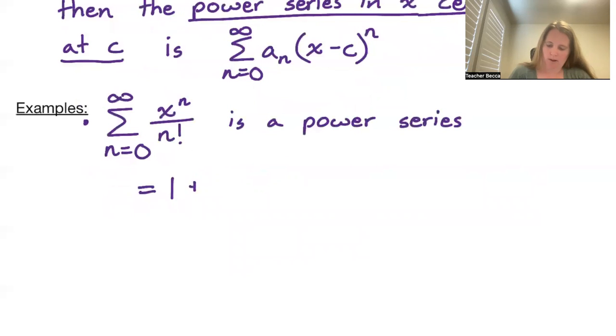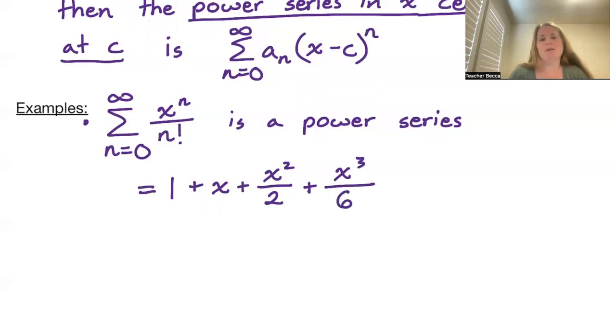Then plus x to the first power over 1 factorial, which is just x. Then plus x squared over 2, plus x cubed over 3 factorial, which would be over 6, plus x to the 4th over 4 factorial, which would be 24. And we keep going. So this is one example of a power series in x.